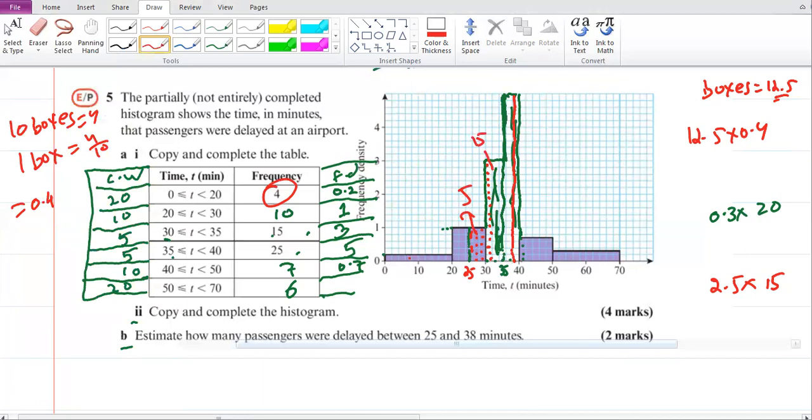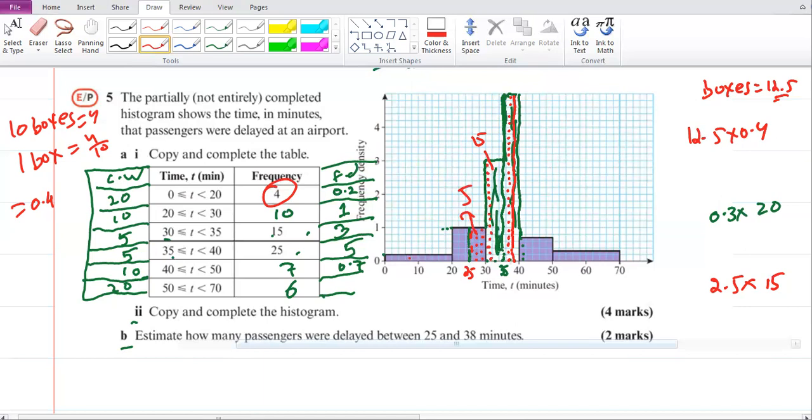Now I have to calculate the number of people from 35 till 38. Okay, this is 35. So 36 and 38. Yes. So how many boxes are these? I need to calculate this number of boxes. 1, 2, 3, 4, 5, 6, 7, 8, 9, 10, 11, 12, 13, 14, 15, 16, 17, 18, 19, 20, 21, 22, 23. 23, and this is half for each one.